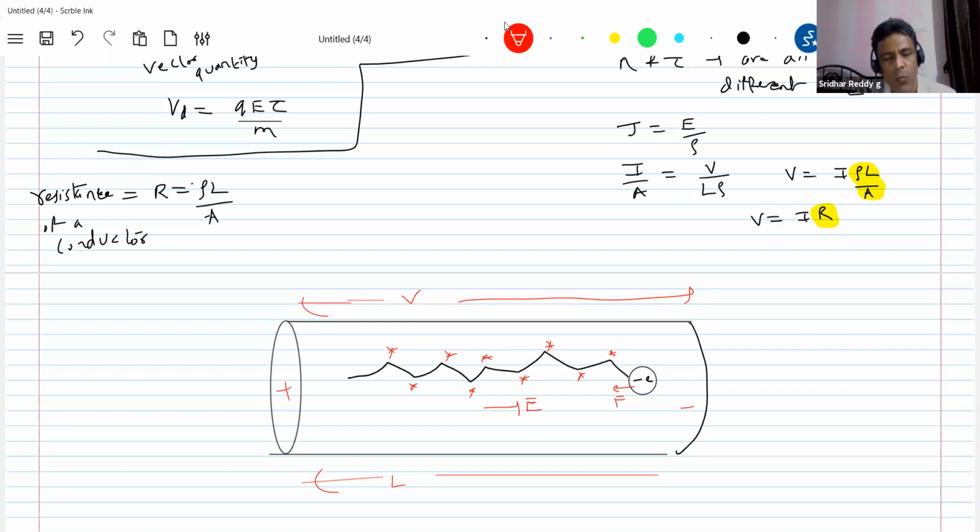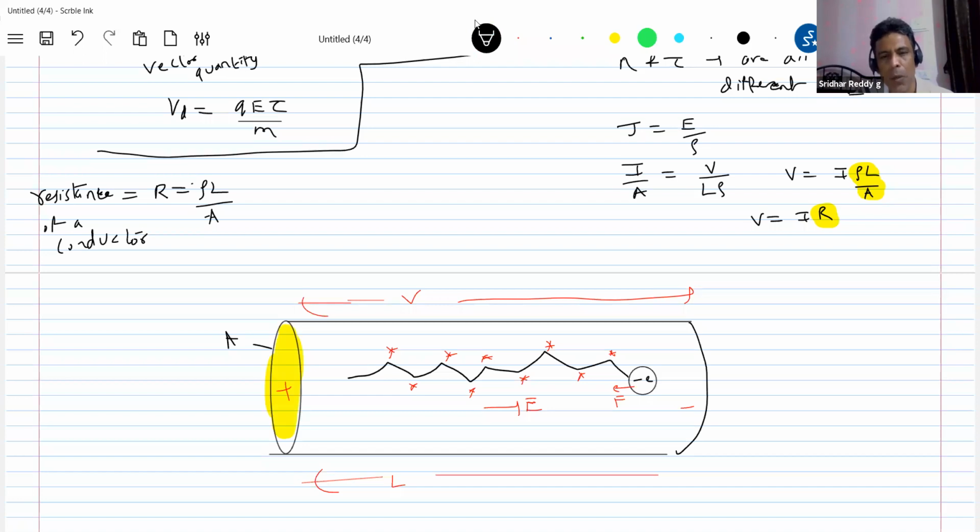More charges means more current. The resistance will decrease, no? So therefore the resistance depends on the physical parameters, length, area of cross section, and the material.